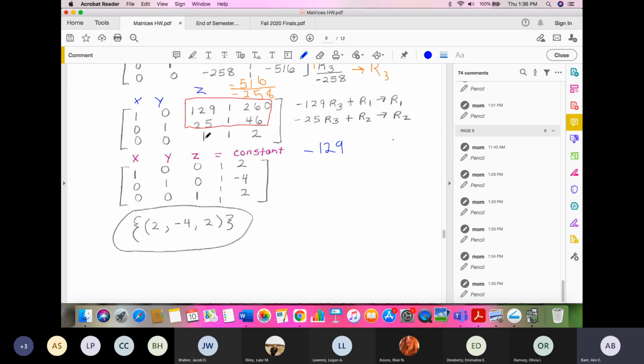Negative 129 times row 3. We have a 1. Plus what's in row 1. What's in row 1 is 129.